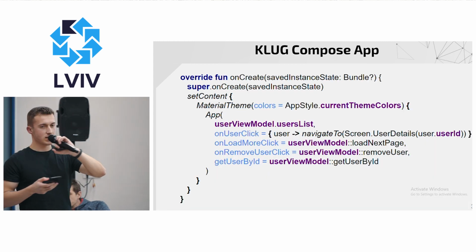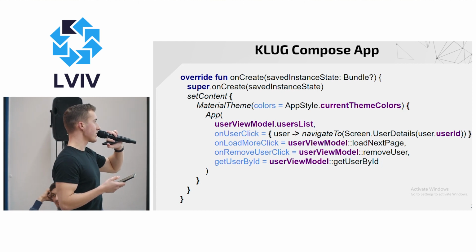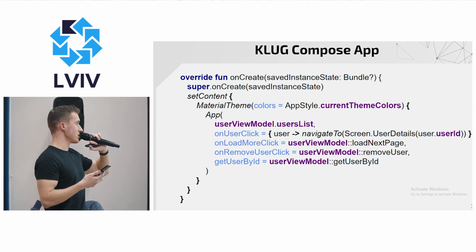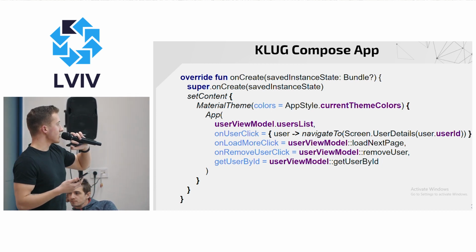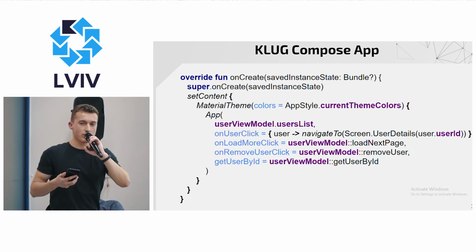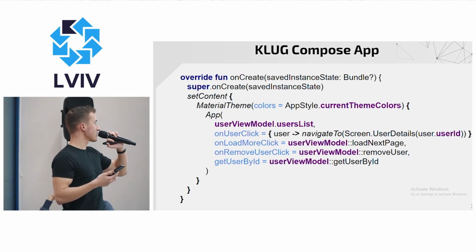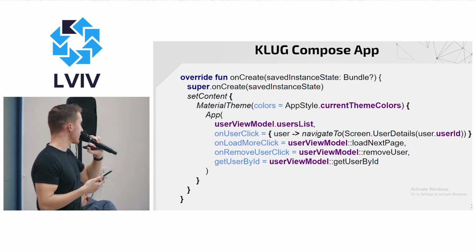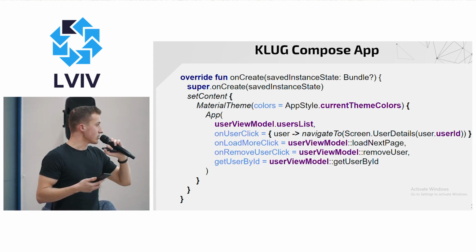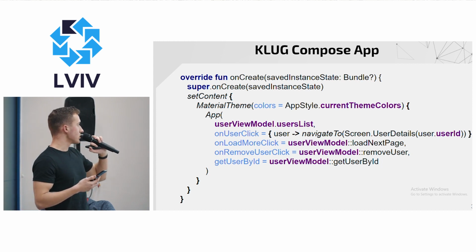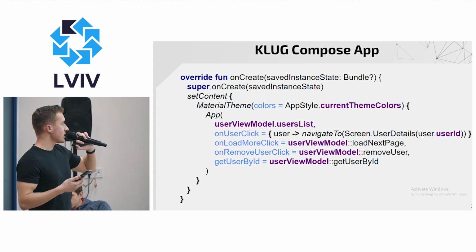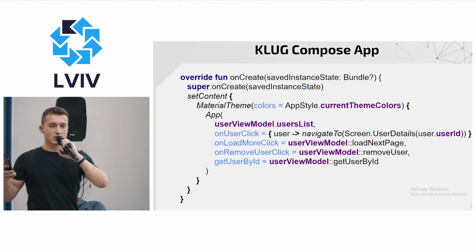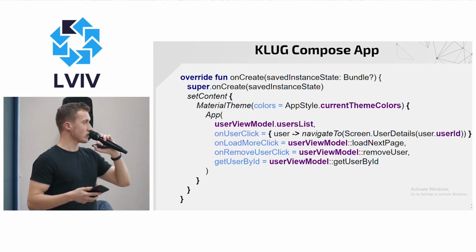And we have a single activity. It's actually all the code in this activity. We just override the onCreate method. What is interesting for us here is the setContent method. SetContent is the entry point to Compose, because the Composable annotation is not really an annotation.